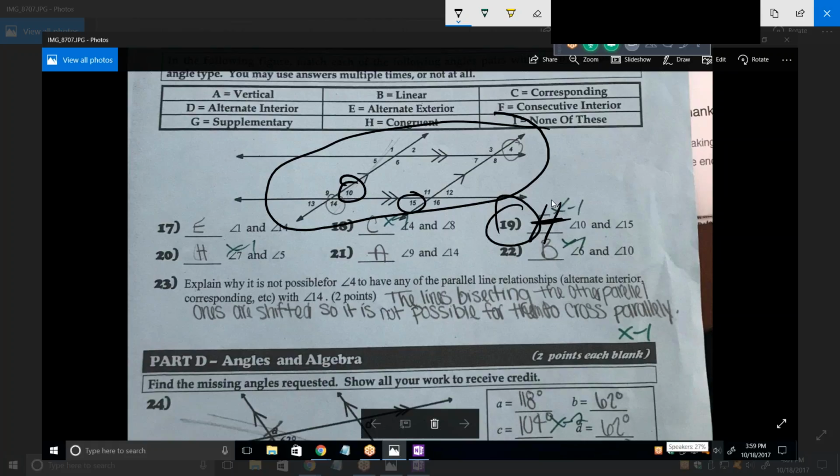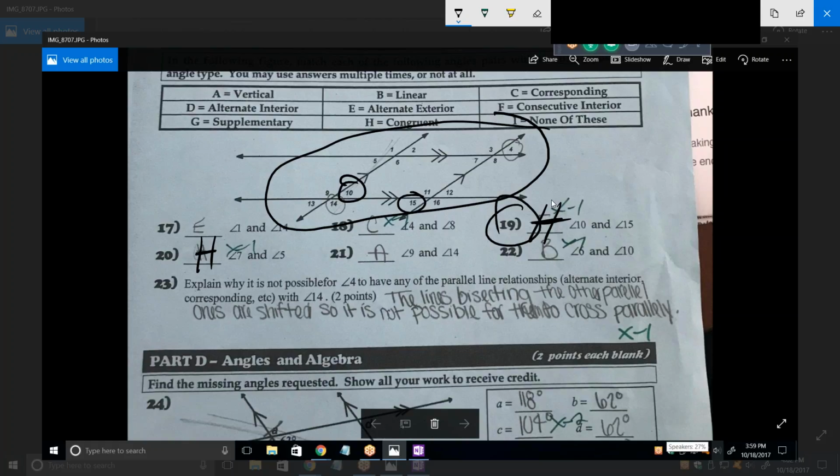So then would 20 be congruent too? 7 and 5. 7's acute, 5's acute, yes. How come you got that wrong? They're not supplementary for sure.